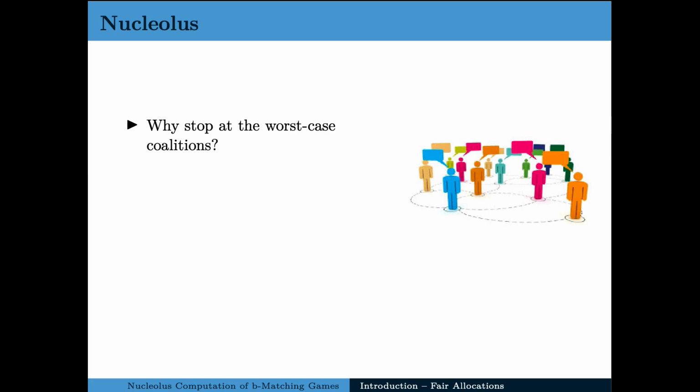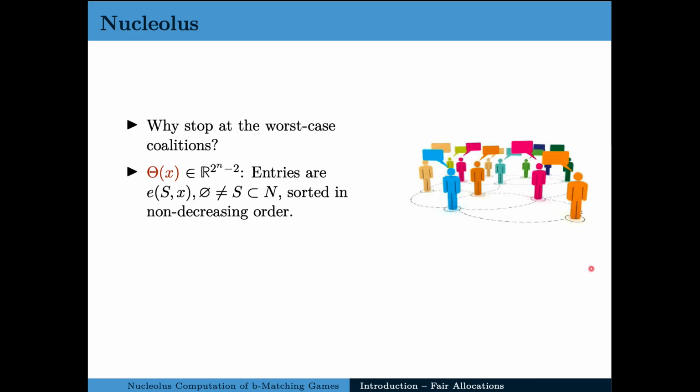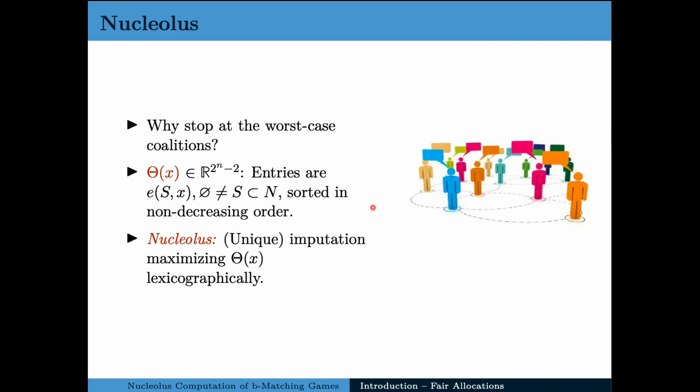Let's fix the worst case coalitions, then try to maximize the second worst case. Fix those, try to maximize the third worst case, and so on. More formally, let's define the theta vector as the exponential size vector where the entries are the excesses sorted in non-decreasing order. The nucleolus is the unique imputation which maximizes the theta vector lexicographically.